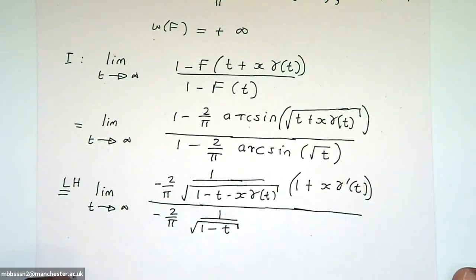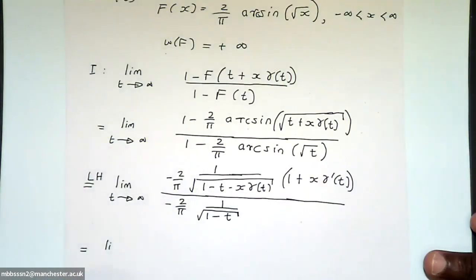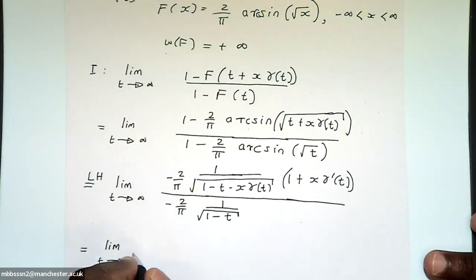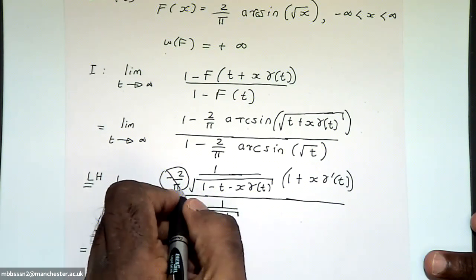So this becomes the limit as t goes to infinity, and these two will cancel out.